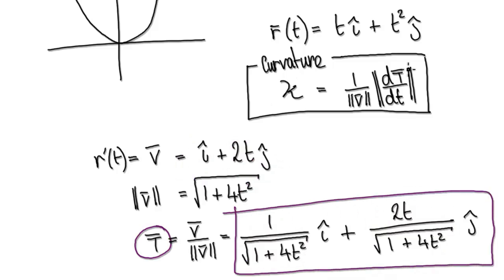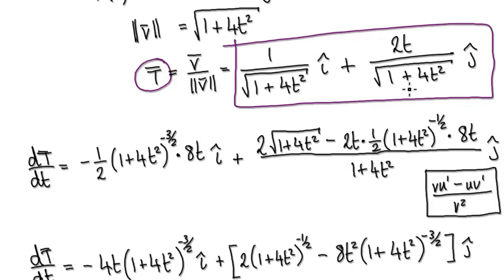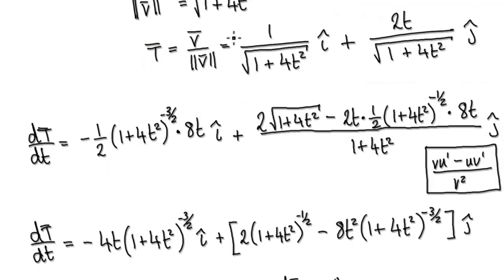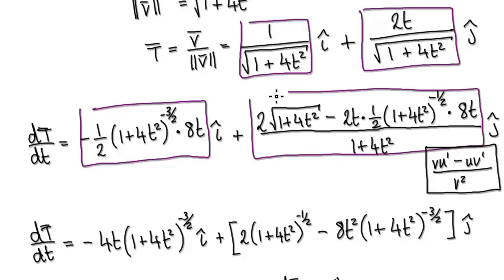So now we've worked out our unit tangent. Now we need to differentiate it with respect to t. So differentiating our unit tangent with respect to t, if we differentiate this, that will then give us this whole thing here. And then differentiate this, that will then give us this whole thing here. So for this one here, you've got to use the quotient rule.